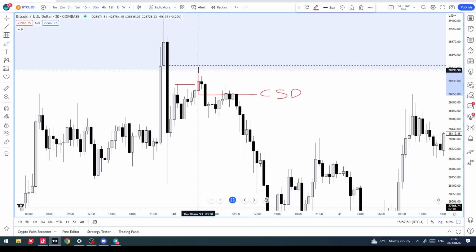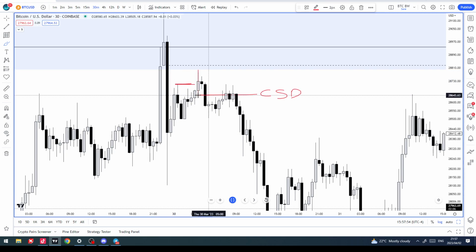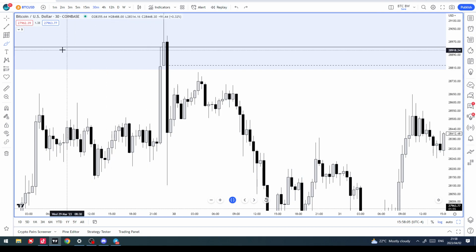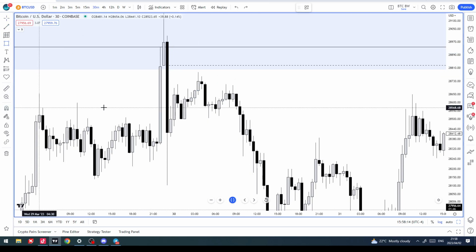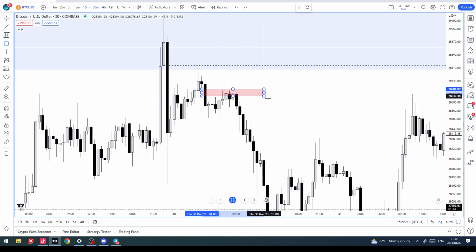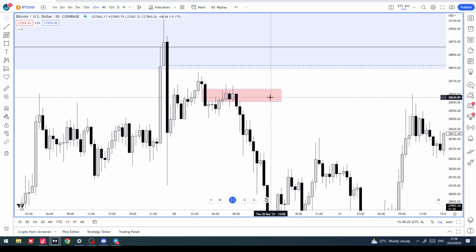High taken here, gets traded through here, retracement into the CSD level, and what else do you have here? PD array, you've got two here, right? You've got the actual order block itself here, and you have fair value gap here. That's it.